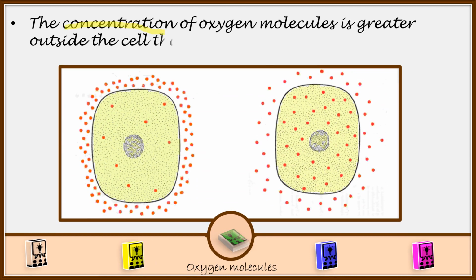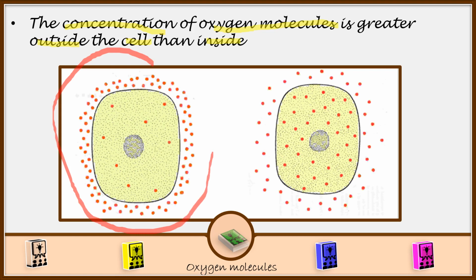The concentration of oxygen molecules is greater outside the cell than inside. When we look at this cell, you can see that outside, these red particles represent molecules of oxygen. When you look in the cell, we have few molecules of oxygen.